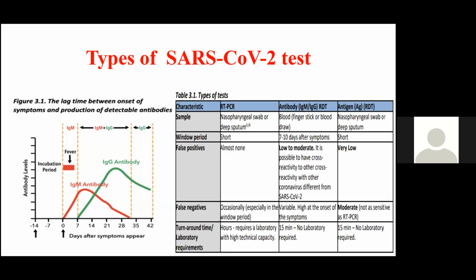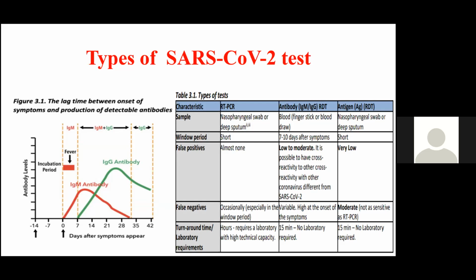For false positives, in PCR almost none is there, but for antibodies they are low to moderate because you may have cross-reactivity with other coronaviruses different from SARS-CoV-2. And for the antigen, they are very low, as long as you are looking for the virus.